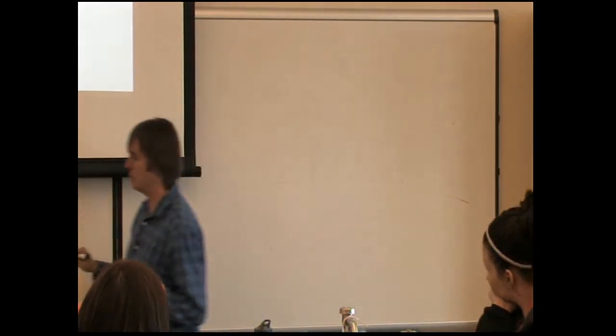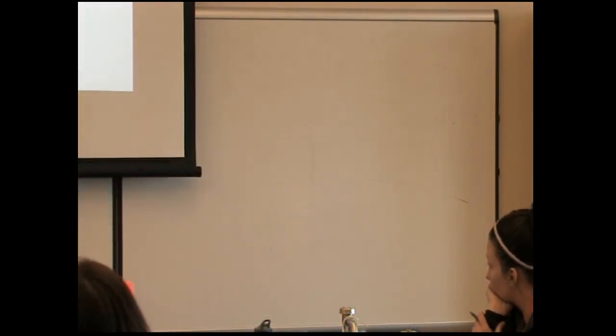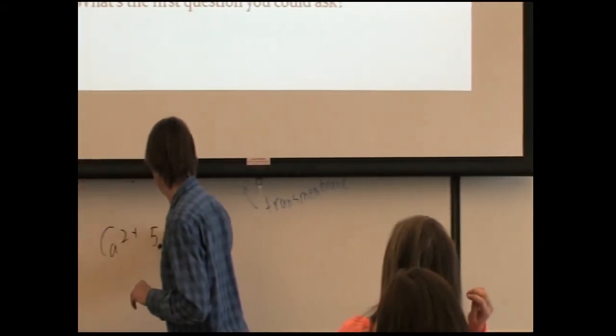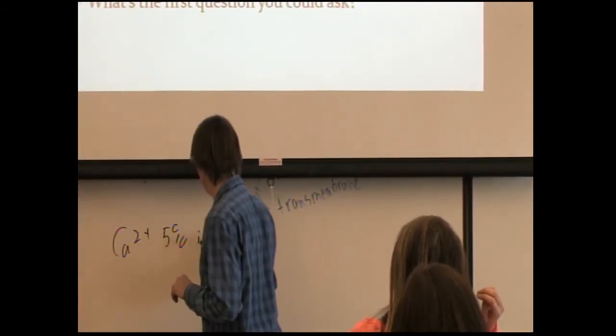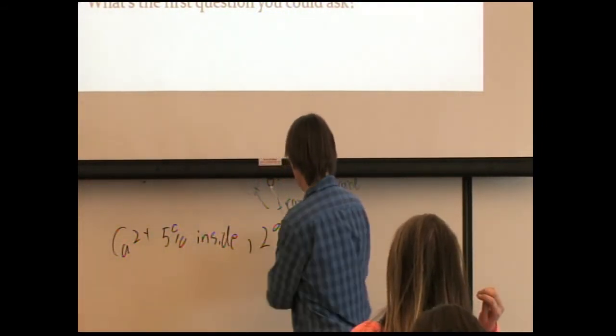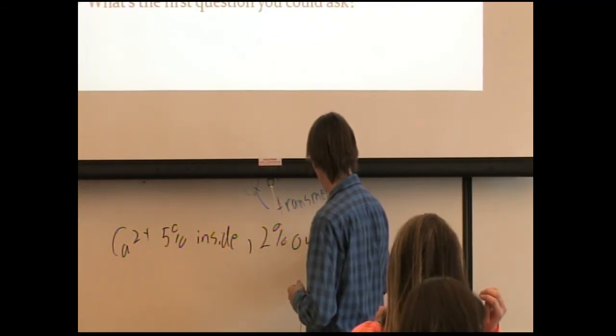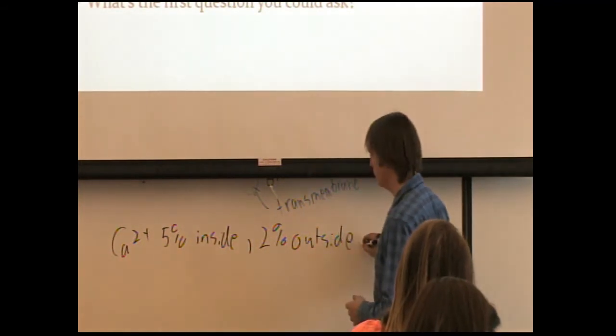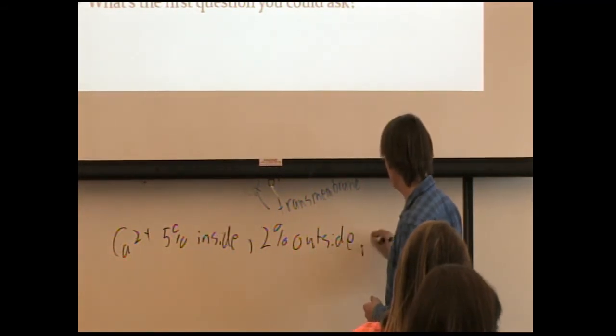So let's say you have a problem on a test like this. Calcium, 5% inside, 2% outside. And then let's say the cell wants to move it outside.